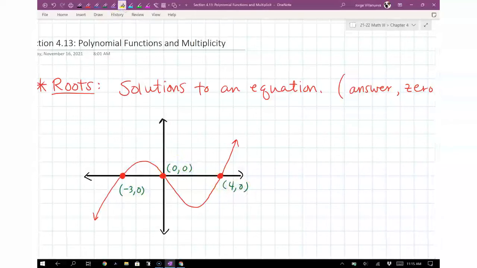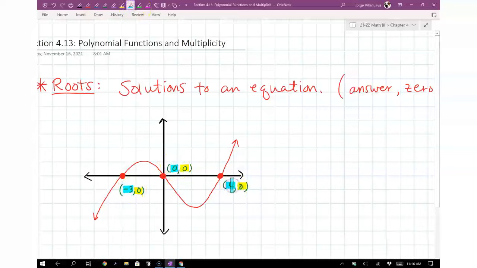The reason why we call roots zeros as well is because notice the y value for all three of them. Whenever they ask what are the zeros of the function, what they're saying is, if y equals 0, what's the x value? So my zeros would be -3, 0, and 4. It would be these numbers right here, the x values.